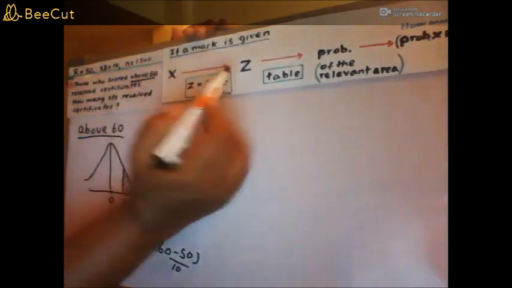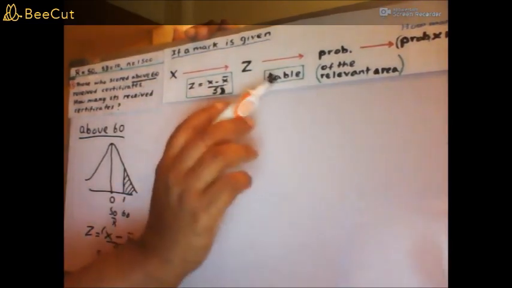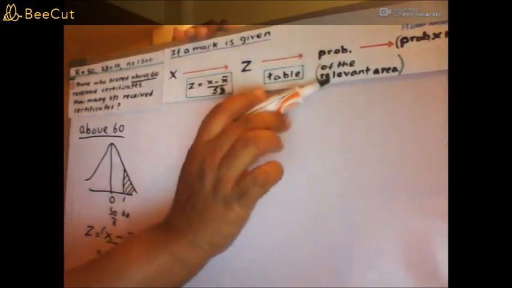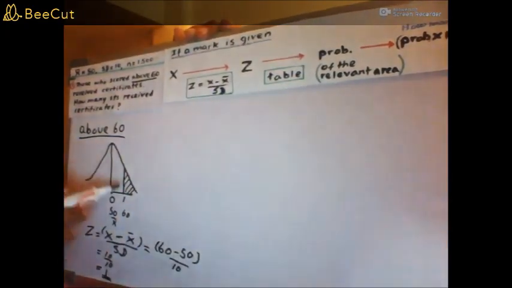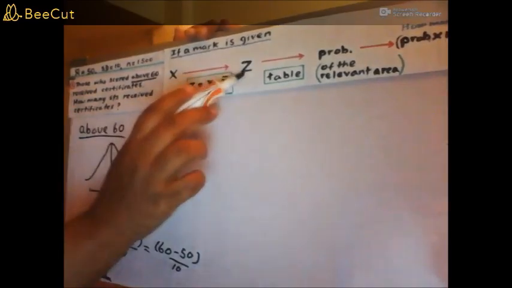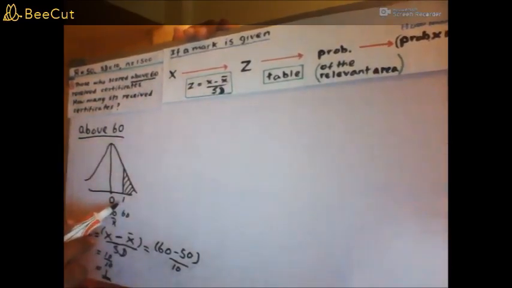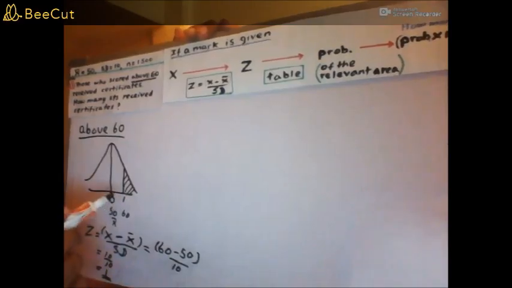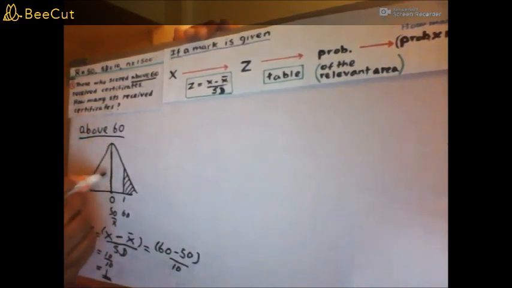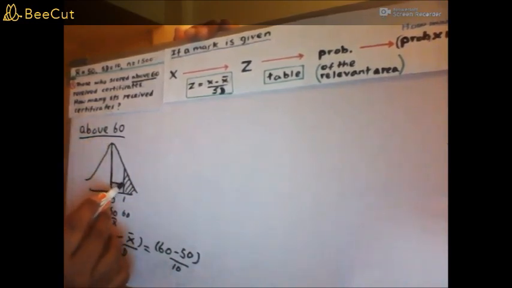Okay. Now we have found the Z. Then what do you have to do? By using the table, we have to find the probability of the relevant area. Relevant area means this shaded area. Right? So we have to find the probability of this shaded area. How can we do this? We know the Z. Then you know that in the table, the probabilities are given from the middle line to a particular Z value.